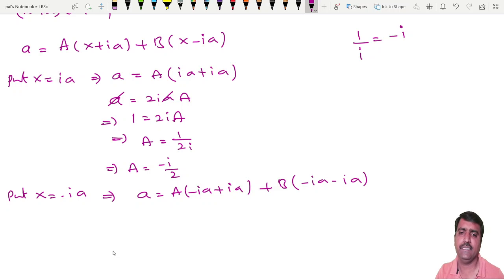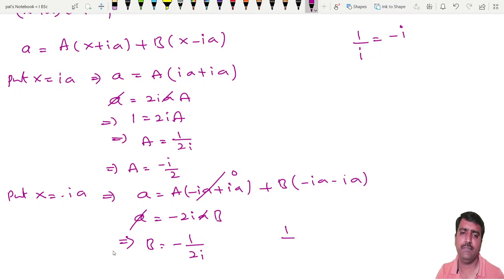So a is equal to minus 2ia into B. In both the sides you can cancel a, which implies that B is equal to minus 1 by 2i.